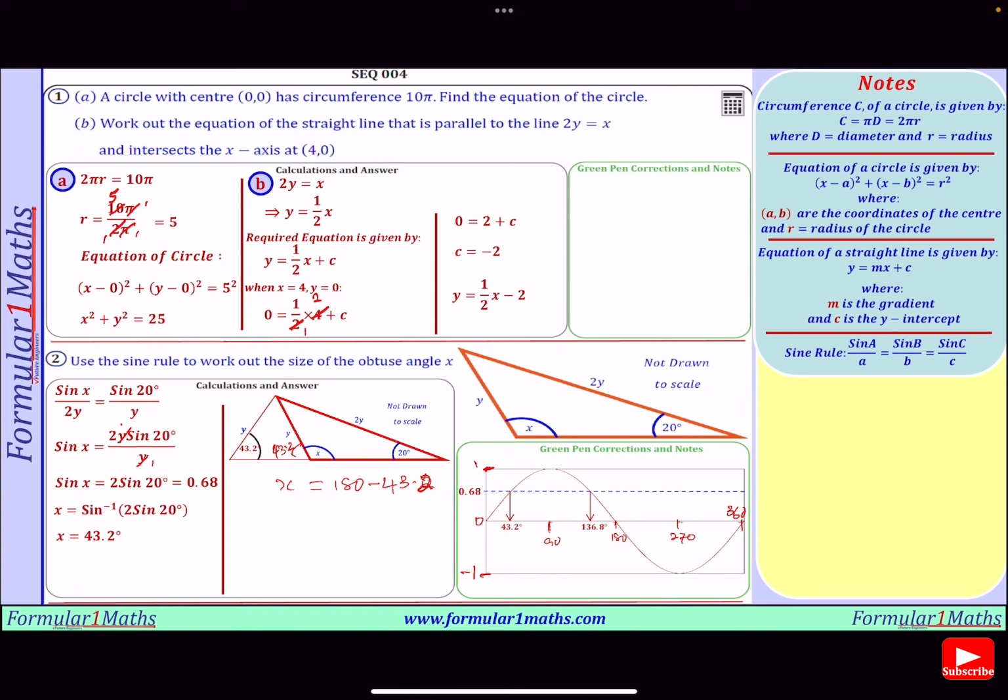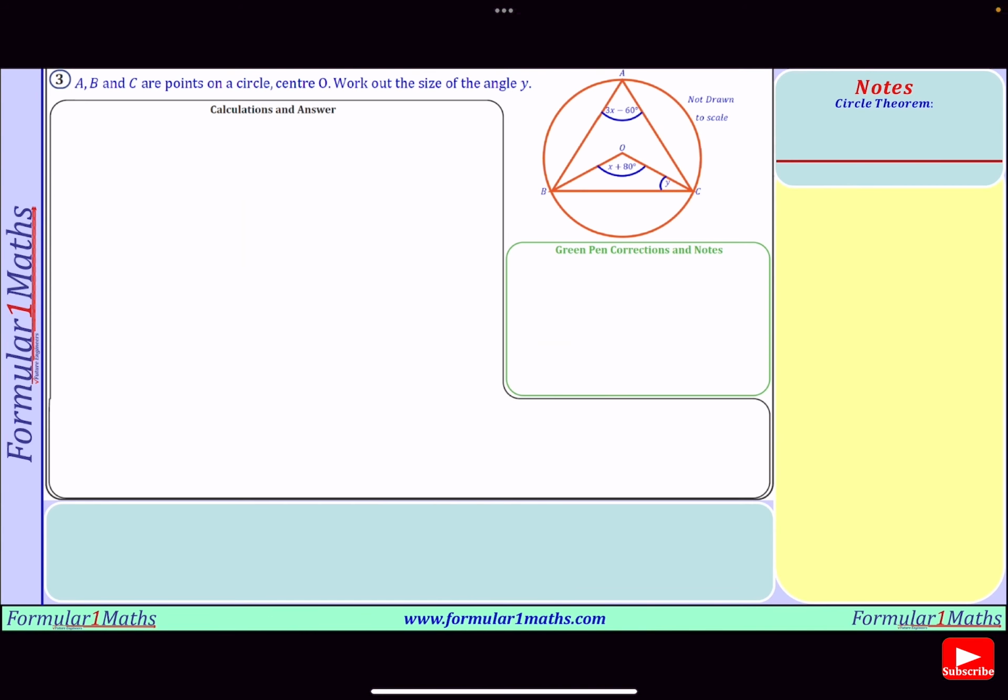And that's why this angle will be the same as this, which is 136.8. And so our final answer will be 136.8. These are the two explanations as to why this angle is 136.8 and not 43.2.